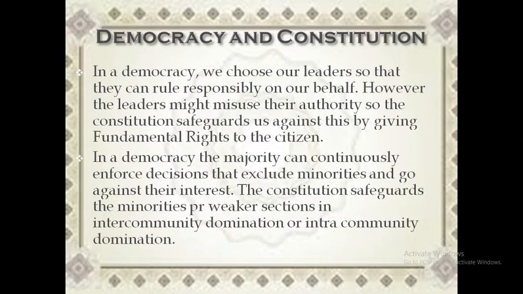Let us learn about democracy and constitution. Democracy is where people will rule. In a democracy, we choose our leaders so that they can rule responsibly on our behalf. However, the leaders might misuse their authority, so the constitution safeguards us against this by giving fundamental rights to the citizens.